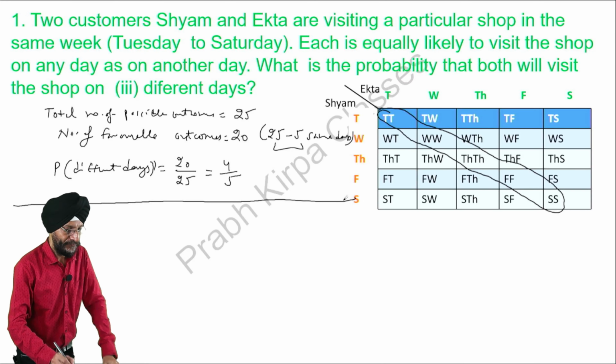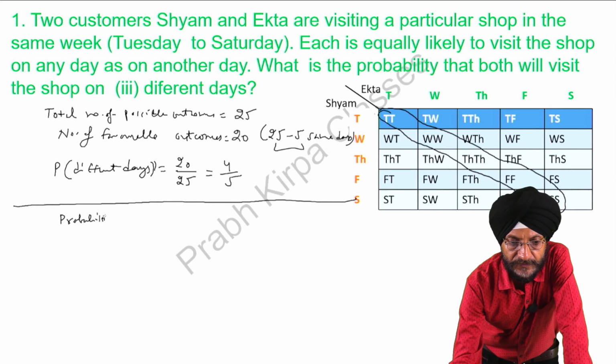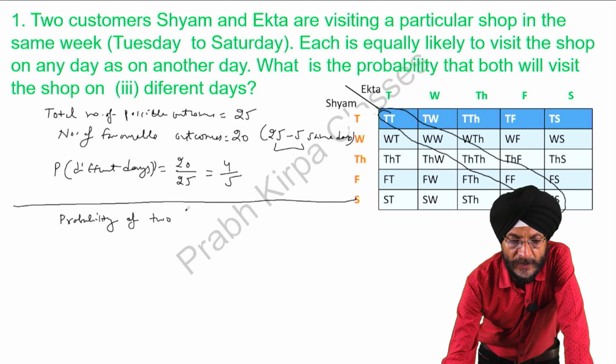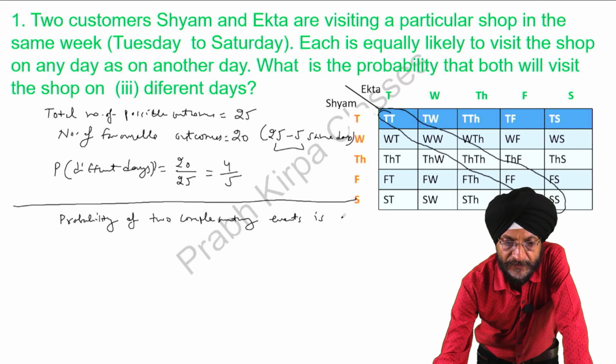Here is another way in which we can solve this question. What is that? We know that the probability of two complementary events is equal to 1.